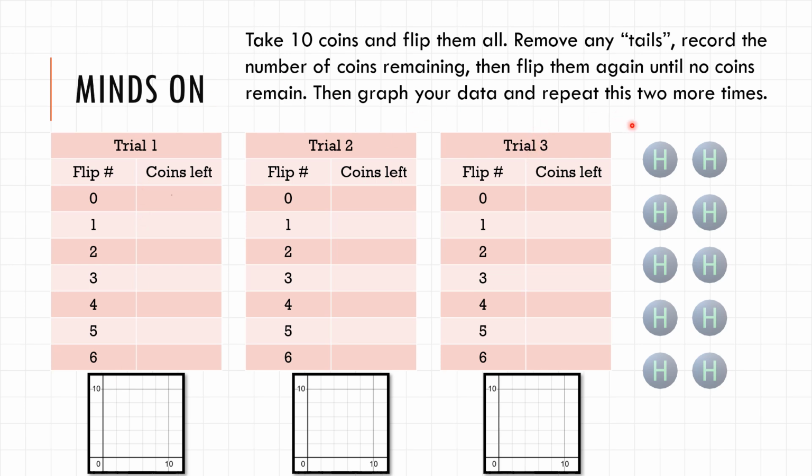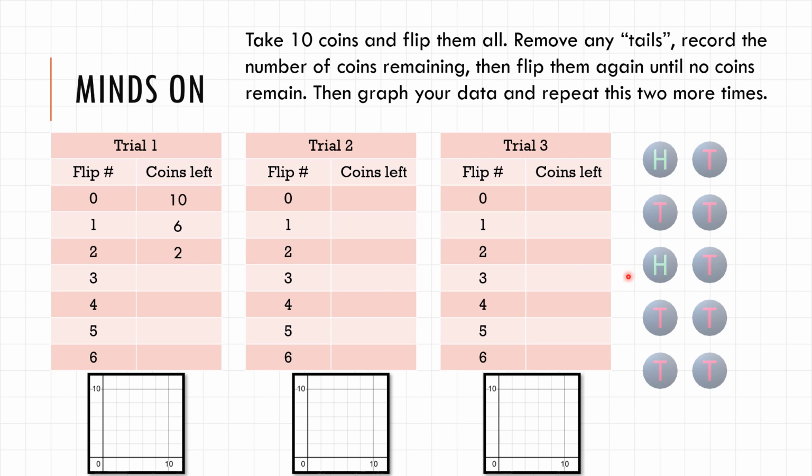So here we go. We are starting with a group of 10 coins, and once we flip them all, now we've got 1, 2, 3, 4, 5, 6 remaining. When we flip only the remaining ones, now I only have 2 remaining. I'm going to write that down.